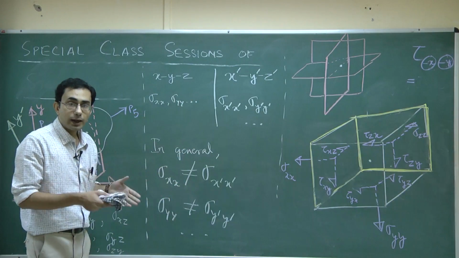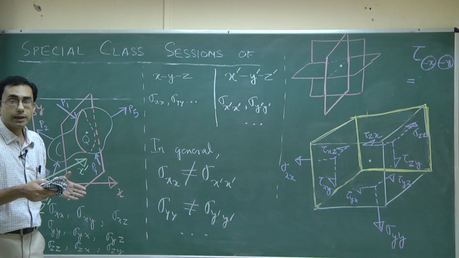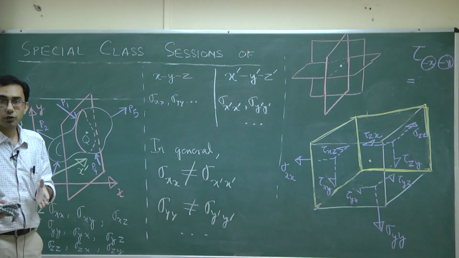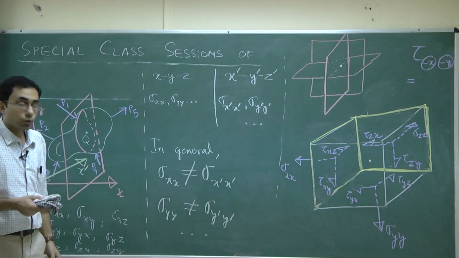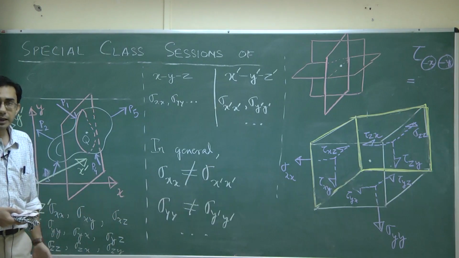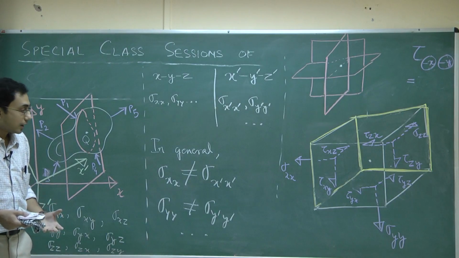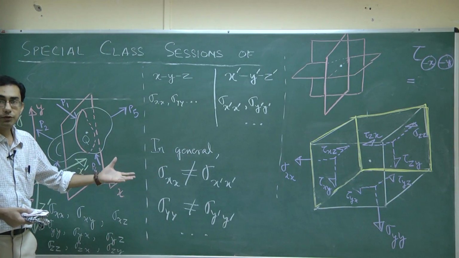So, on the one hand, we have the same physical situation, but by choosing a different coordinate axis, we are ending up with different stress components. The question is, are they really the same thing? Are they representing the same thing? Well, of course, yes, because this is just a mathematical representation of the same physical setup.